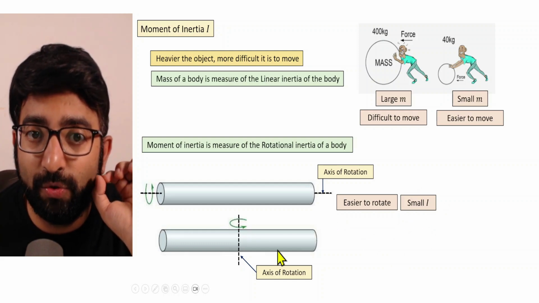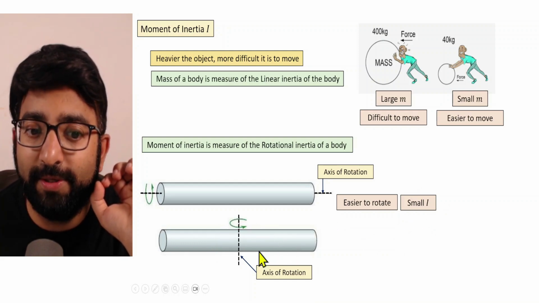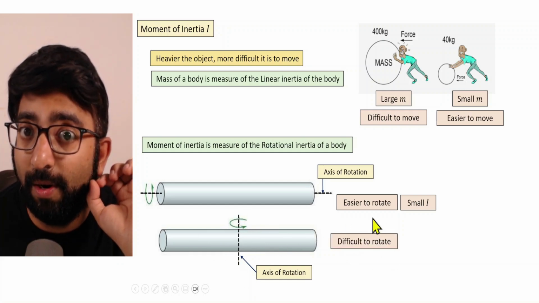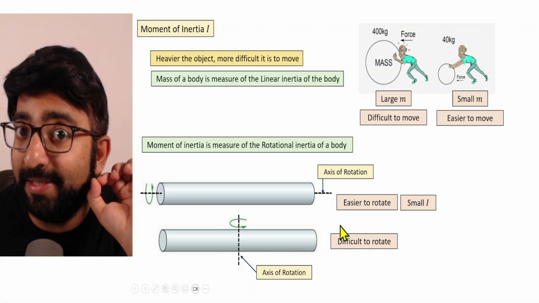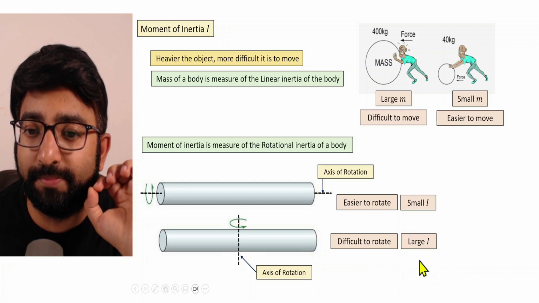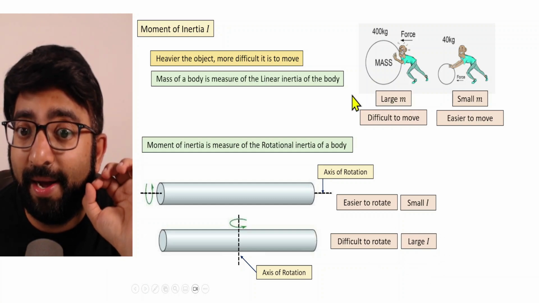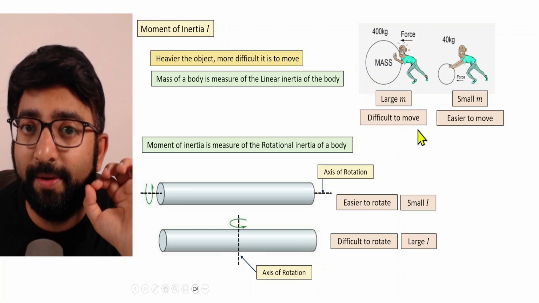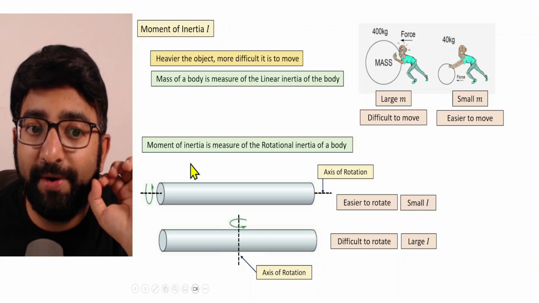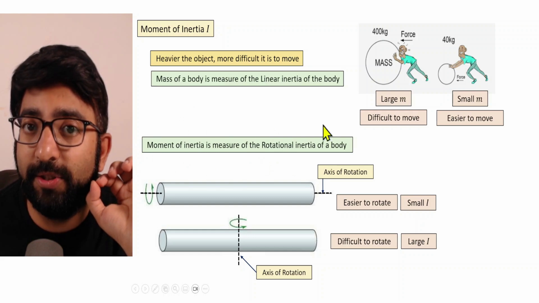On the other hand, in case 2, it is slightly difficult for the cylinder to rotate if the axis of rotation looks like this. So it is difficult to rotate in case 2, and since it is difficult to rotate, it is going to have a large moment of inertia. So just like mass, which had a direct connection with movement, moment of inertia is connected with rotation. That is why we said moment of inertia is a measure of rotational inertia of the body.